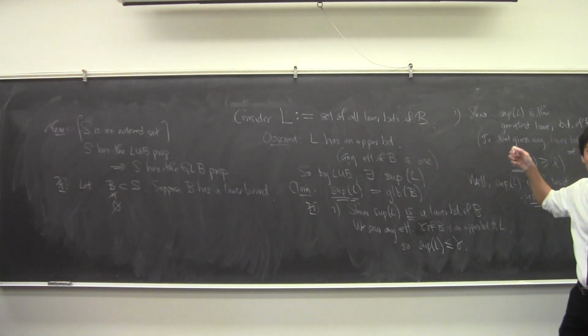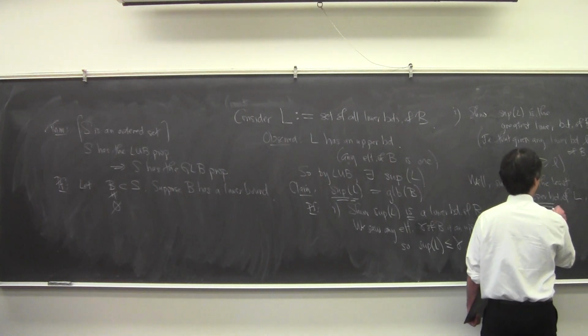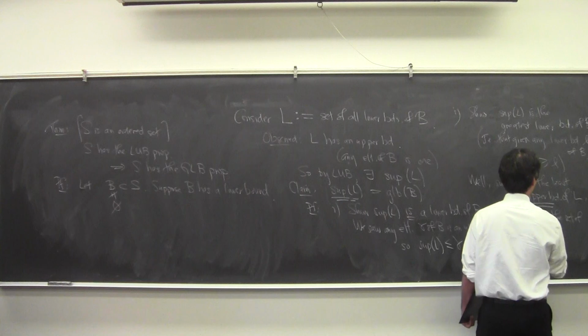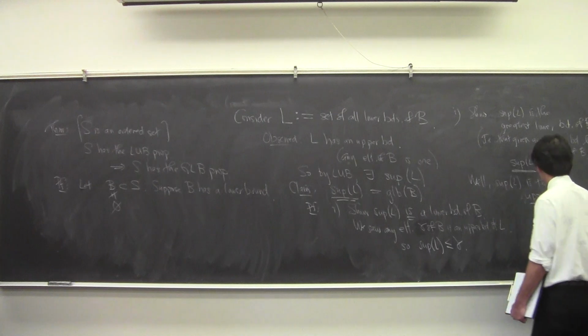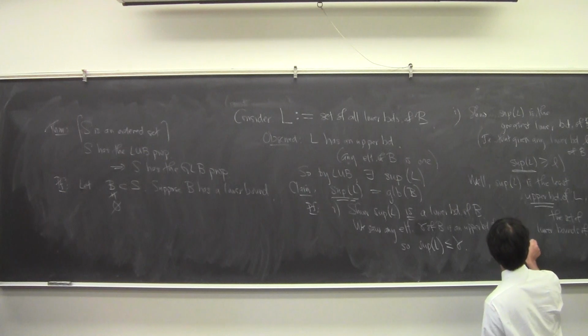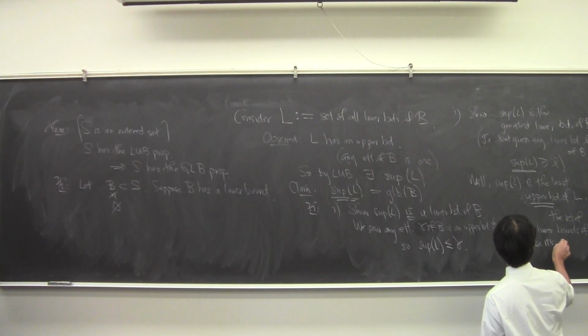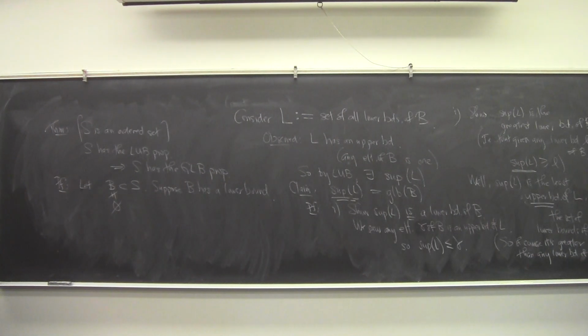It's an upper bound for L, the set of lower bounds of B. So of course it's greater than any lower bound of B. As long as you maintain your sanity, it's simple.